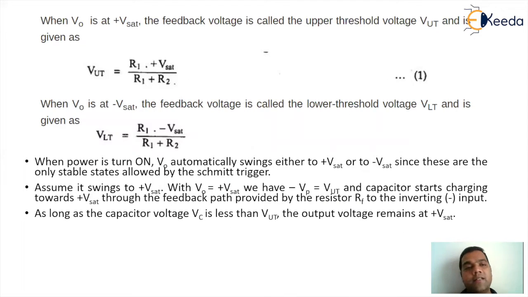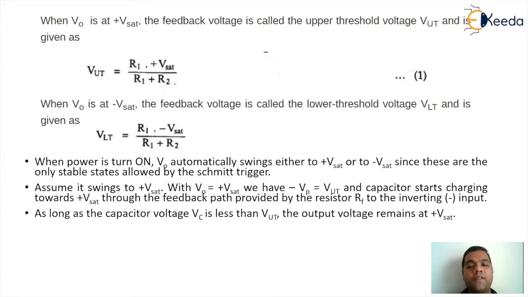As I've discussed, there are two reference voltages, the upper threshold and the lower threshold, where the upper threshold value will be R1 into Vsat divided by R1 plus R2, and the lower threshold value will be R1 into minus of Vsat upon R1 plus R2.